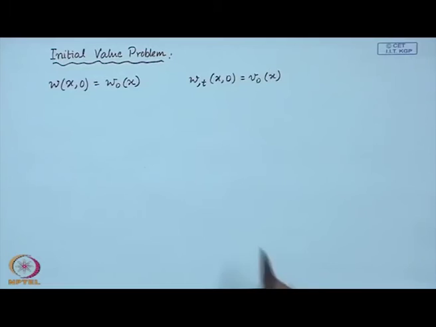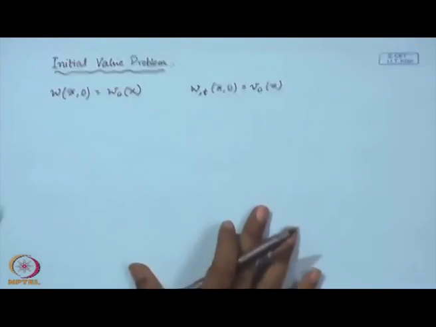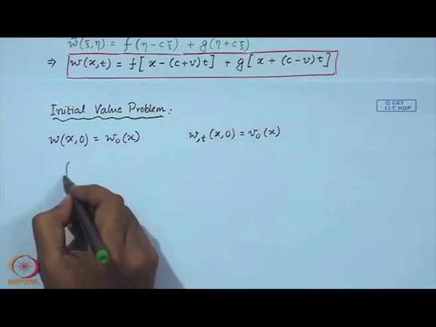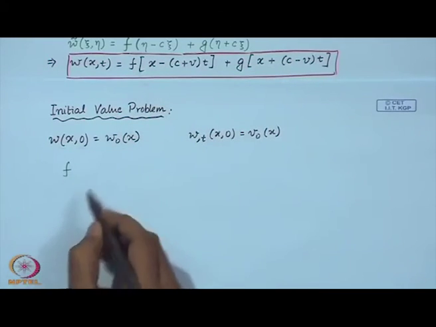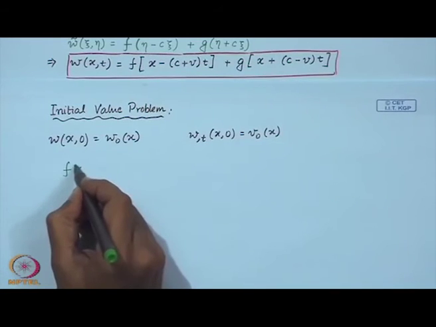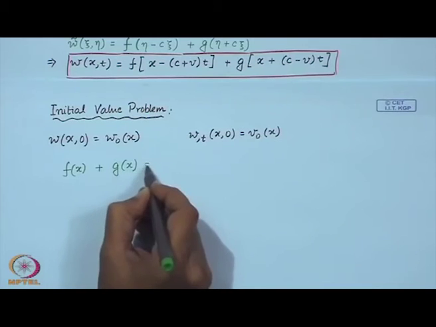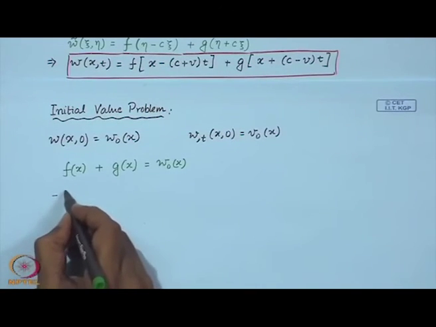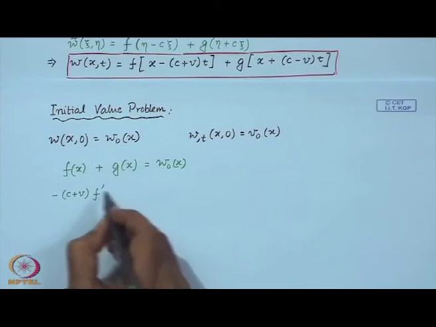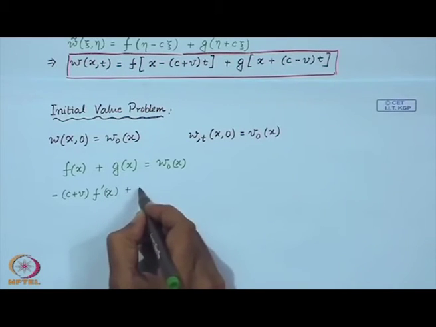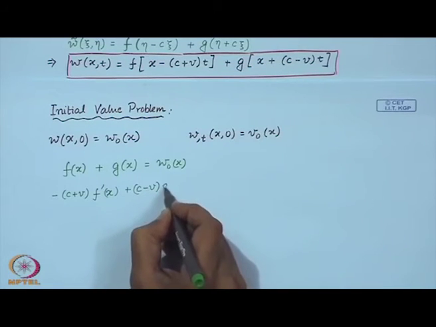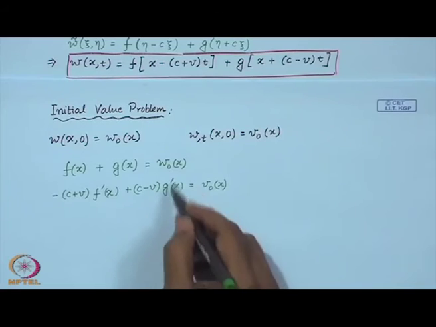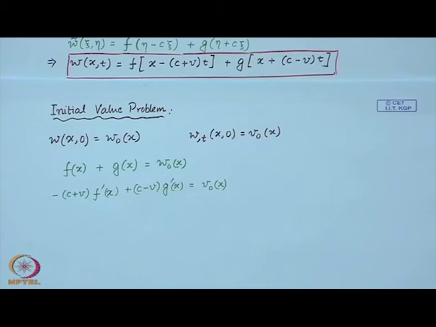and a velocity distribution. Now, using the solution which we have written out here, so when I use this solution here, and similarly from the velocity condition, so we have to solve these two equations for f and g in terms of w naught and v naught.